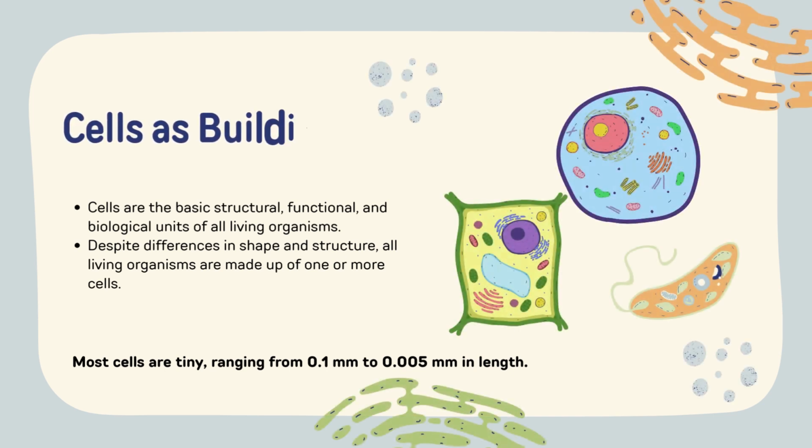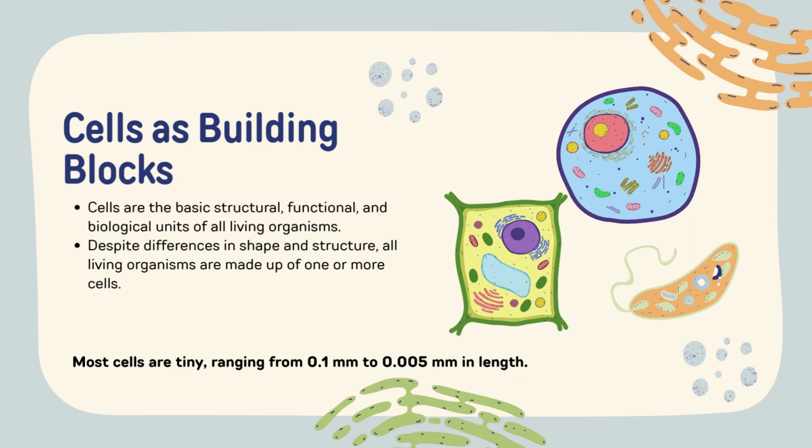So cells are the building blocks of the living organism's body. Cells are the basic structural unit, as this is the building unit, and also the basic functional unit, as the cell does the vital activities. In this picture, we have many shapes of cells. The green one is a plant cell, and the blue one is the animal cell found in animals and humans.